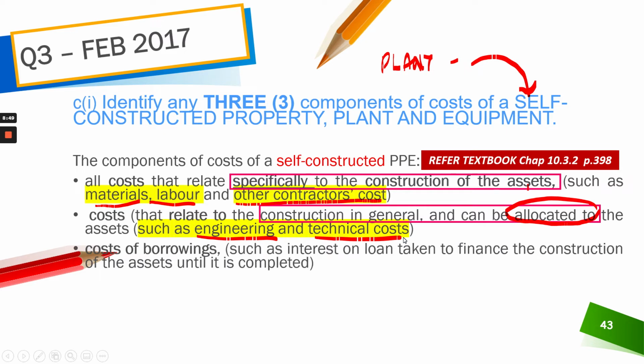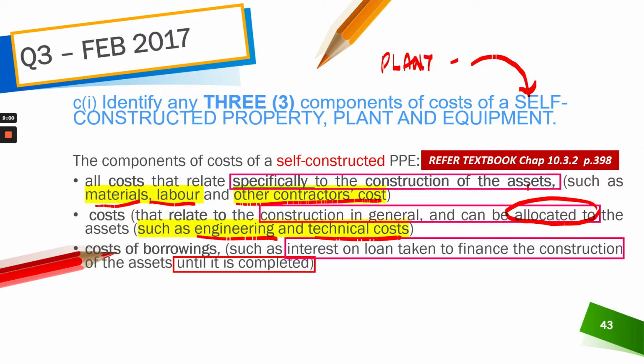Next is the cost of borrowing. Cost of borrowing are, for example, the interest incurred on the loan that were taken to finance the construction of the asset until it is completed. So let's say it was completed on 31st of December 2015, right? So whatever between the start of the construction, which is 1st of January 2015, it completes 31st of December, because after 1 year, that is the construction period.